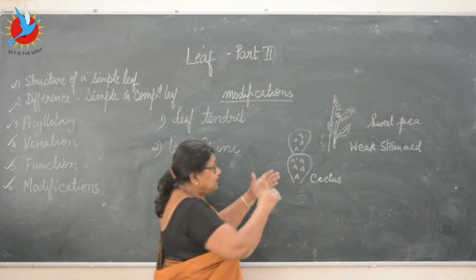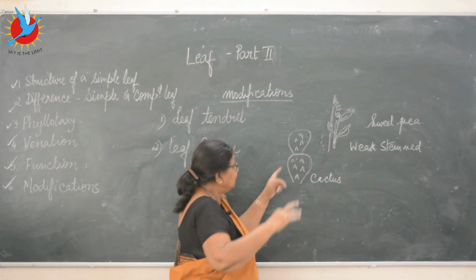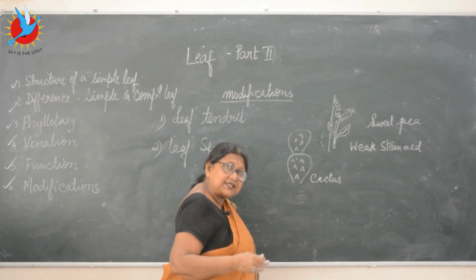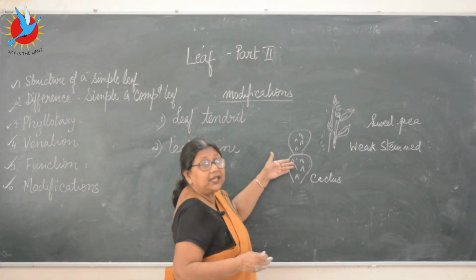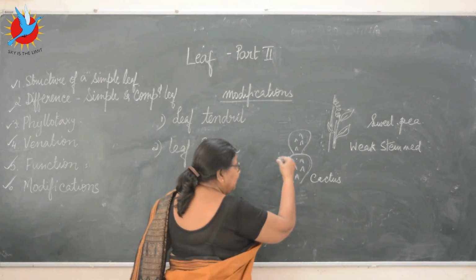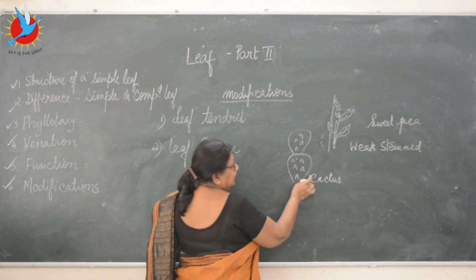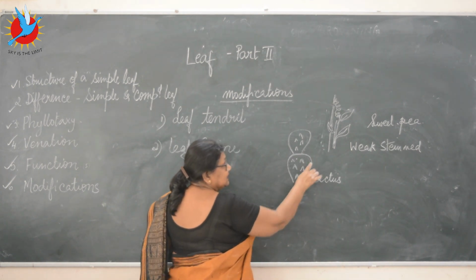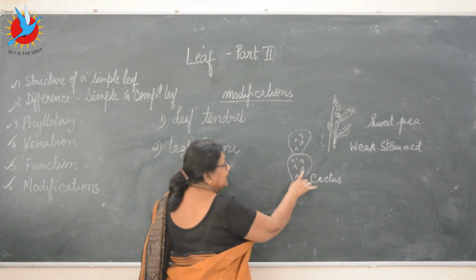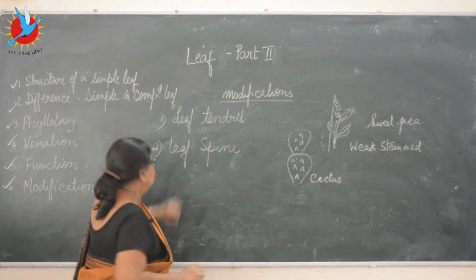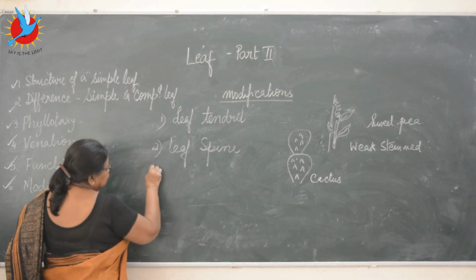So here the leaves, instead of the flat green lamina, reduce into small spines. Obviously loss of water will also be lesser, so they can store the water here. And the function of the leaf, preparing the food, is taken over by the stem. So this flat green stem does the function of photosynthesis, and the leaves reduce into small spines to store the water.